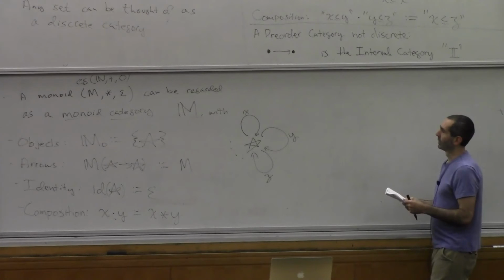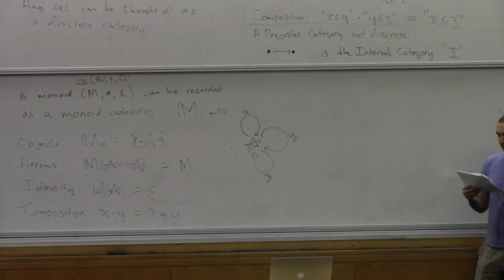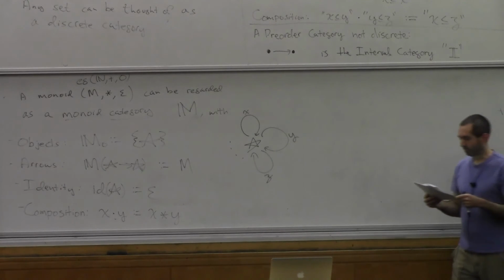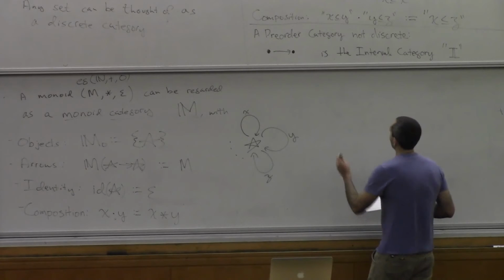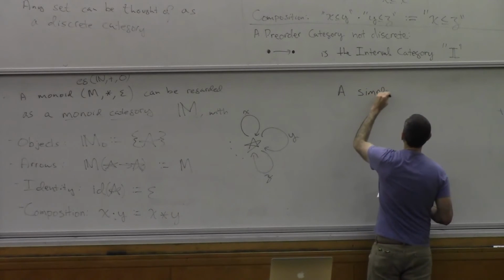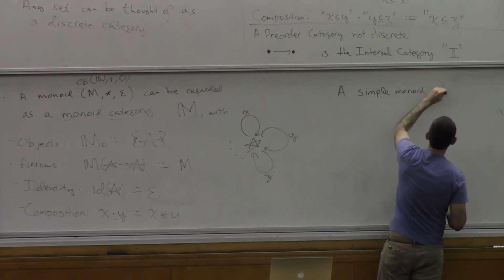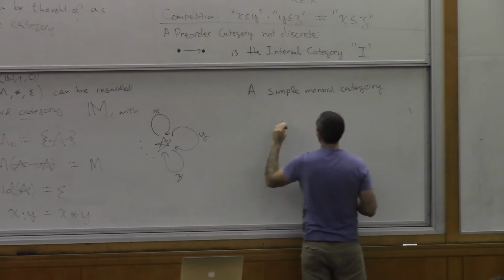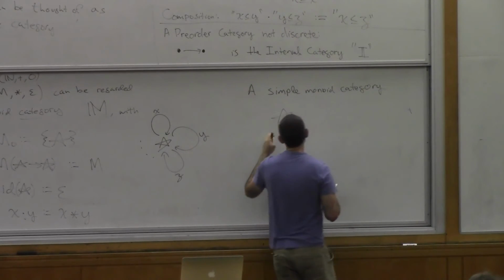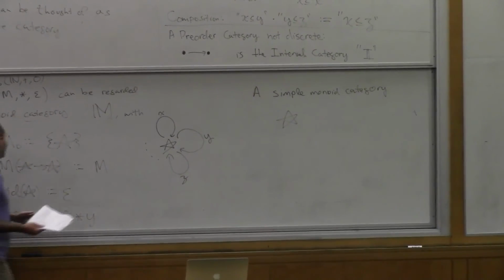Right? So let's try to think of a simple monoid category that's not discrete. Okay? So we know we have to have this object because that's just part of the definition.